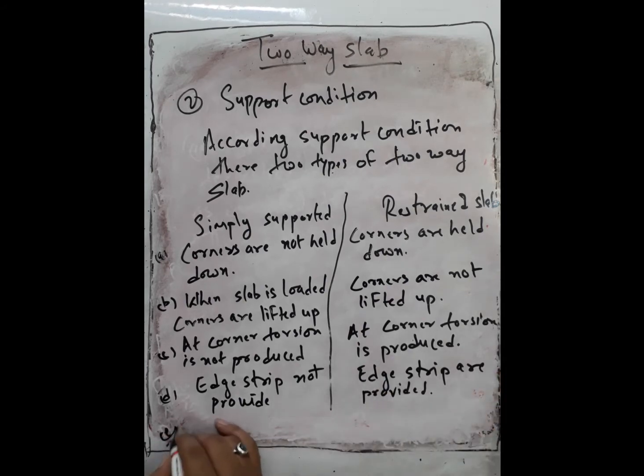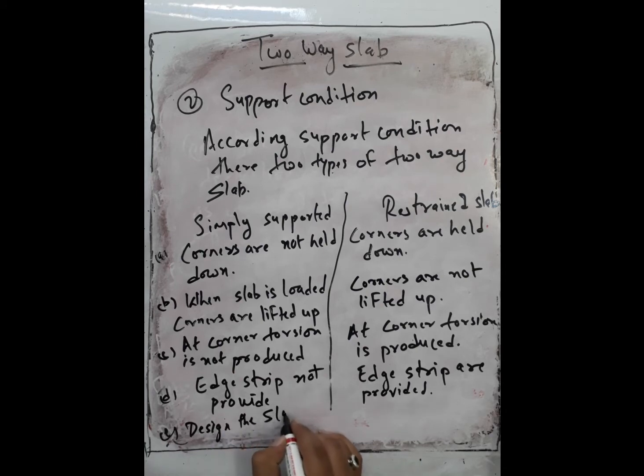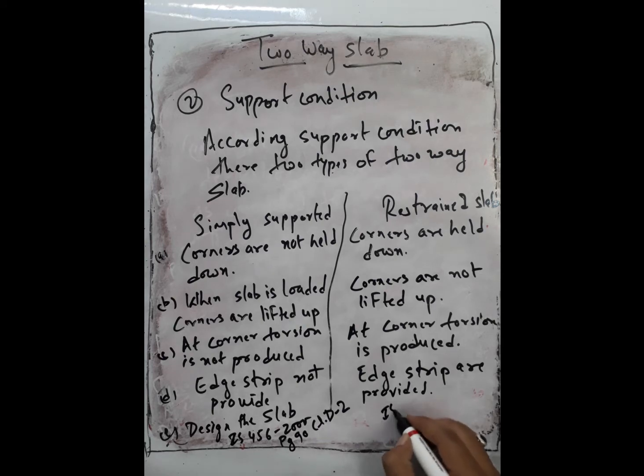And last point, this slab is designed by IS 456-2000, page number 90, clause number D2, and this one IS 456-2000, page number 90, clause number D1.